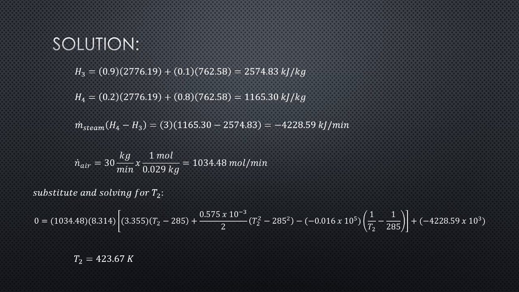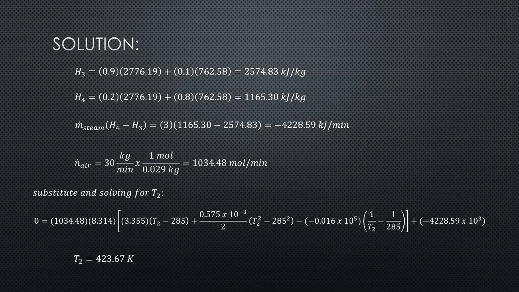So for the outlet of the steam stream, H4 is equal to 0.2 times 2776.19 plus the liquid 0.8 times 762.58, and then we get 1165.30 kilojoules per kilogram. So ultimately we can get the change of enthalpy by multiplying the difference between H4 minus H3 times its mass flow rate. So we get negative 4228.59 kilojoules per minute.